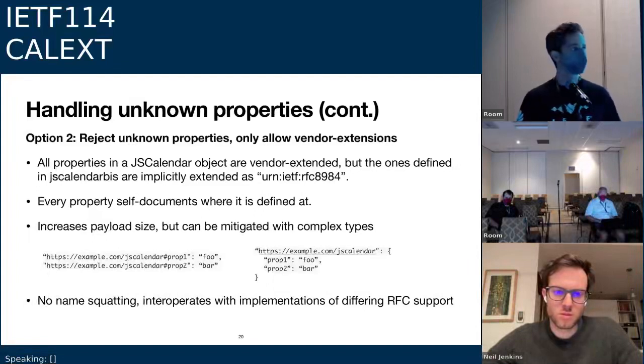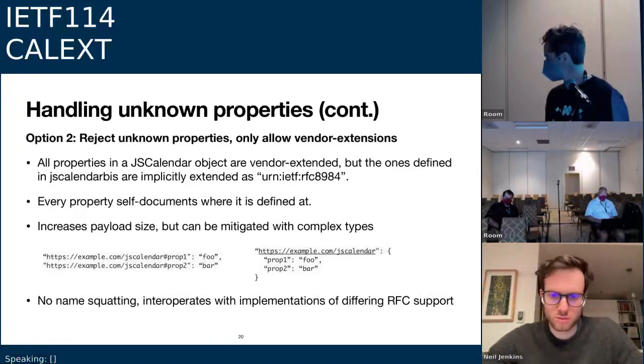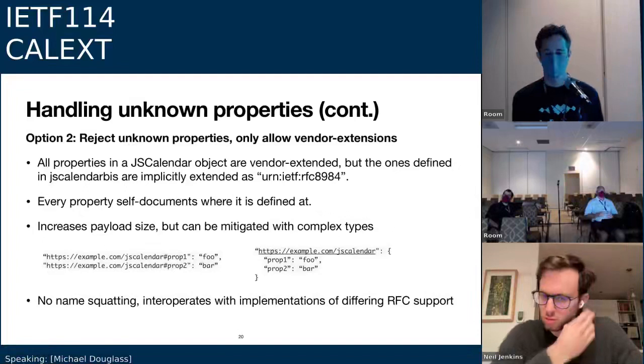So using this scheme, there can't be any unprefixed unknown property ever. Yeah. So basically, the properties we define in this document are the only things that can't start with a URN or an HTTPS. Yes. Okay.